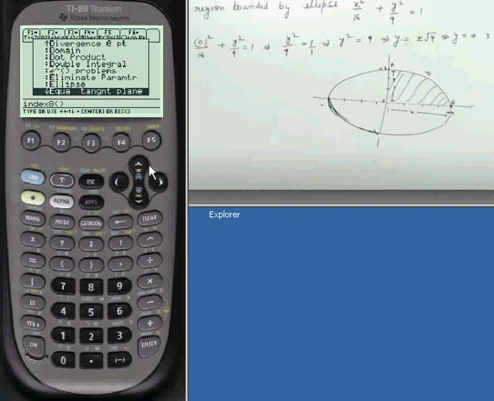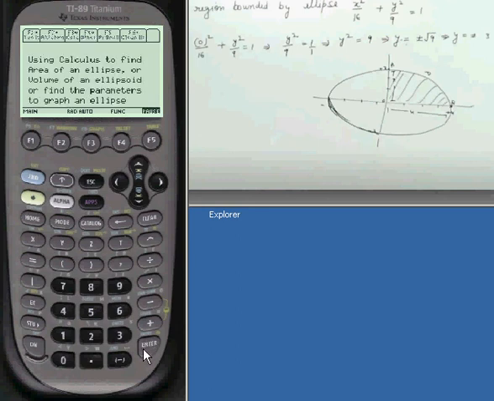Here's ellipse. Choose that. We're going to use calculus to find the area of an ellipse or the volume of an ellipsoid. An ellipsoid is like an egg, with two radiuses possible. And we can also find the parameters and graph an ellipse in these programs.